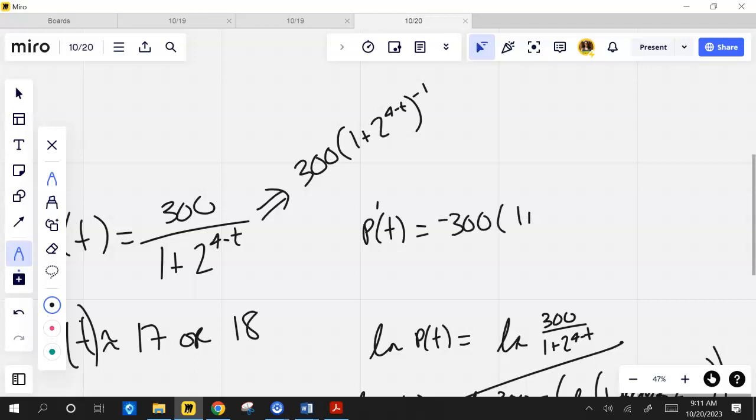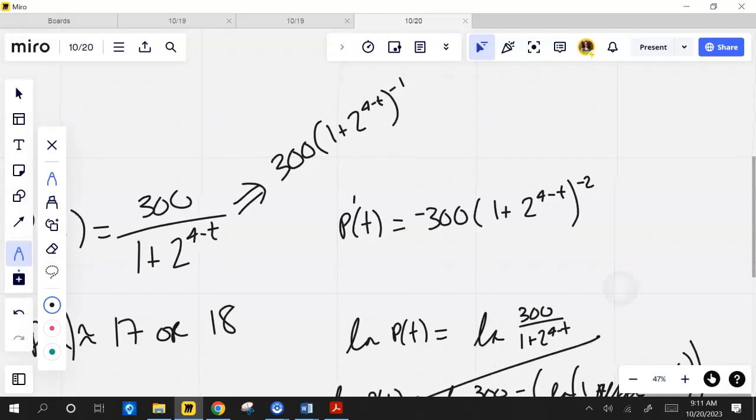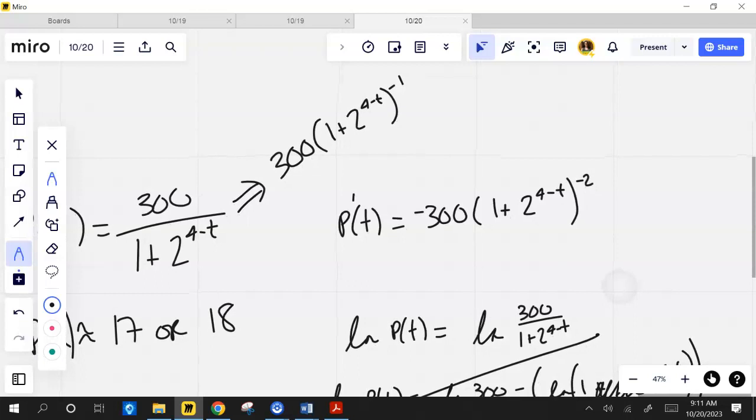All right, so I'm going to do power first. -300 times 1 plus 2 to the 4 minus t, squared on the bottom. All right, so now I've got to chain it, right?